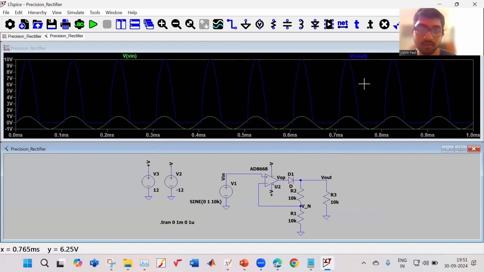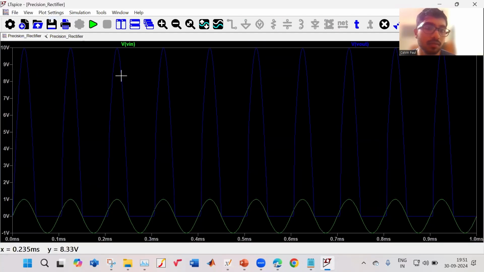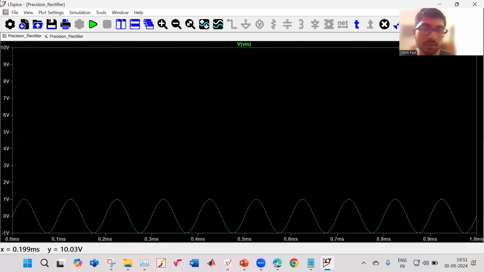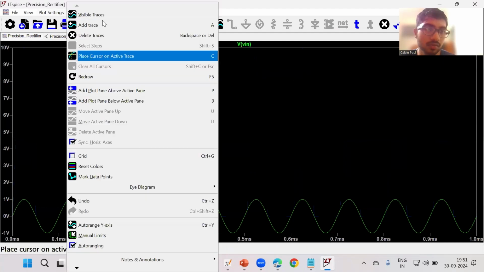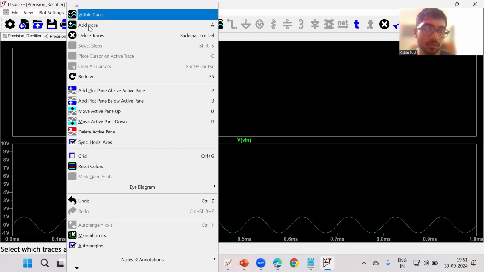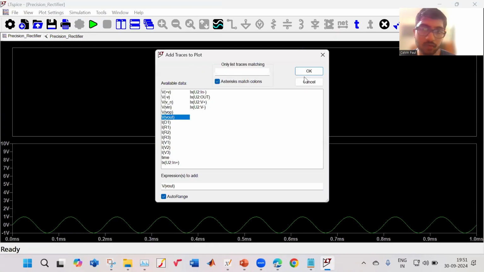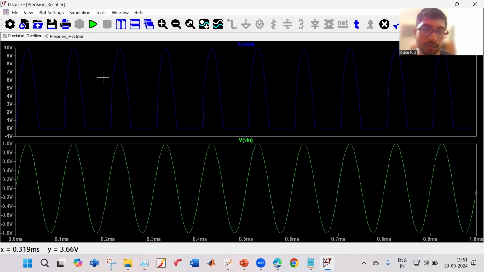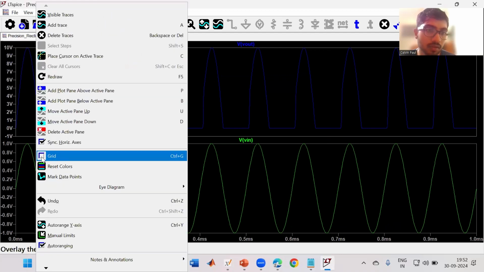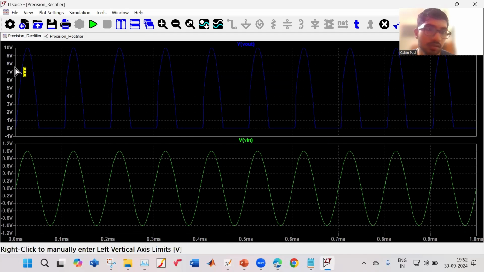Okay, let me, the output. Okay. So now it is going to 10 volt. Earlier it was not going to 10.